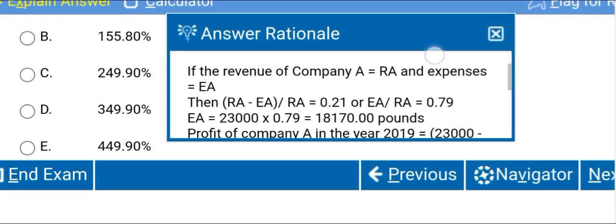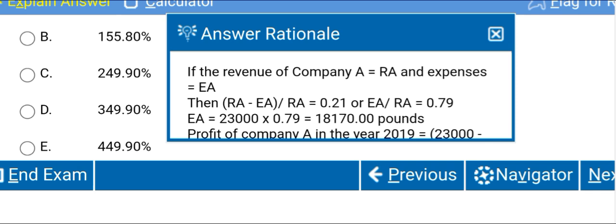If the revenue of company A equals RA and expenses equals EA, then RA minus EA divided by RA equals 0.21, or EA divided by RA equals 0.79.